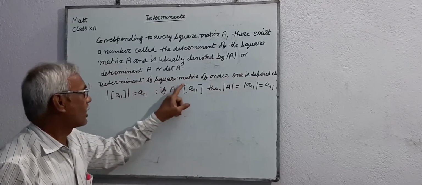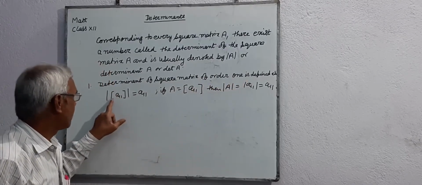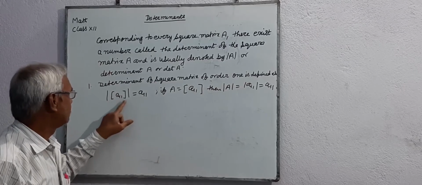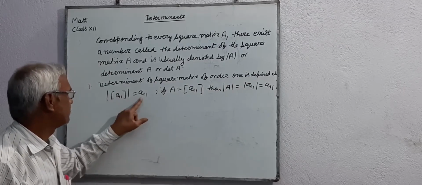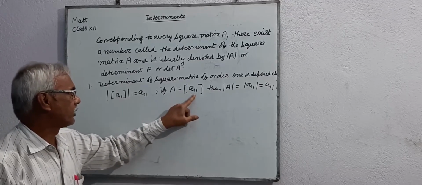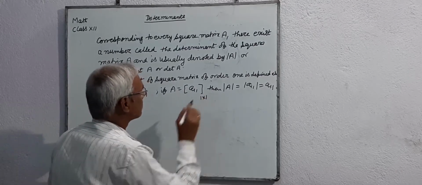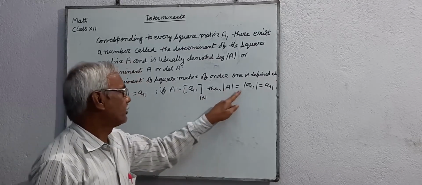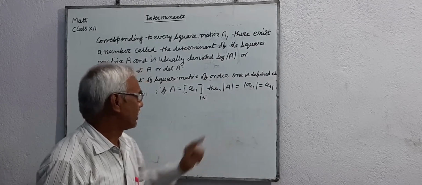The determinant of a square matrix of order 1 is defined as: the matrix [A11] in a vertical line, called determinant A11, is equal to A11. If A is a matrix of the single element A11, of order 1 into 1, then determinant of A equals A11.